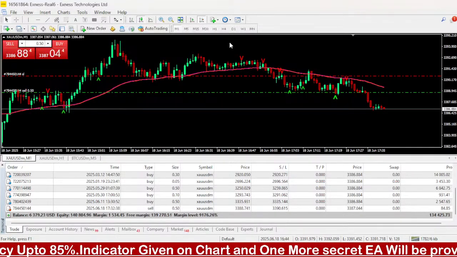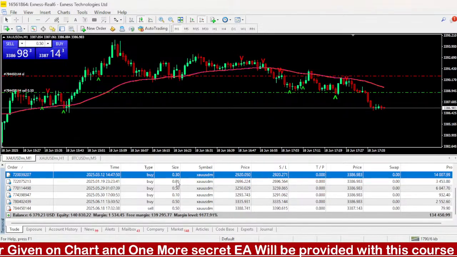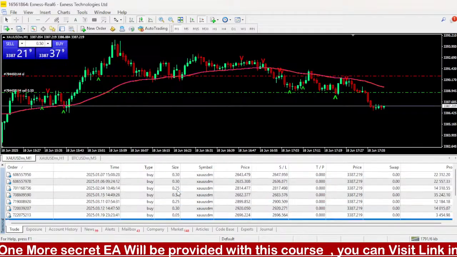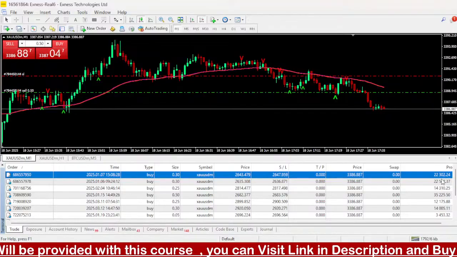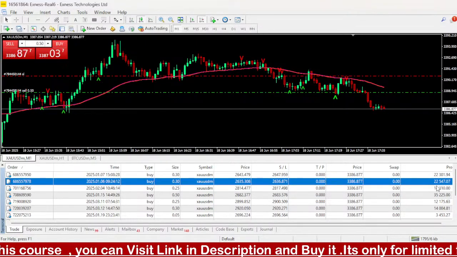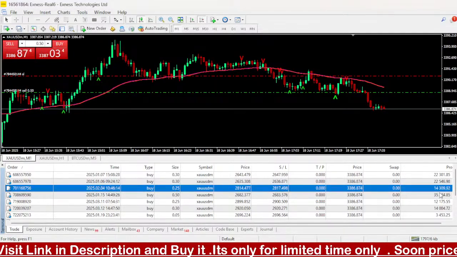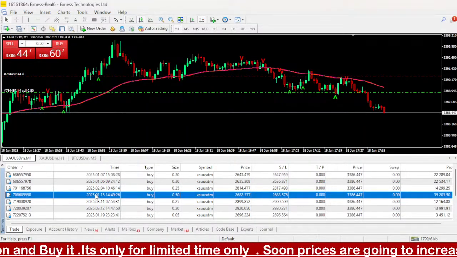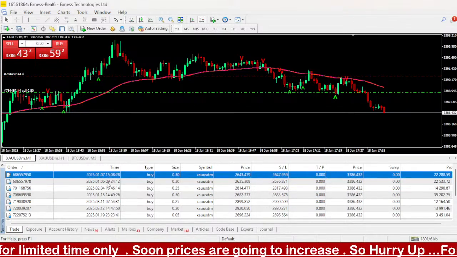I occasionally take trades, and you can see my 0.30, 0.01, 0.50 lots, and even 0.30 brought me 22,000 profits. Here 0.30 brought me 22,000, 0.25 brought me 14,000 profits, and this 0.50. If you look at the time, these are trades from January.